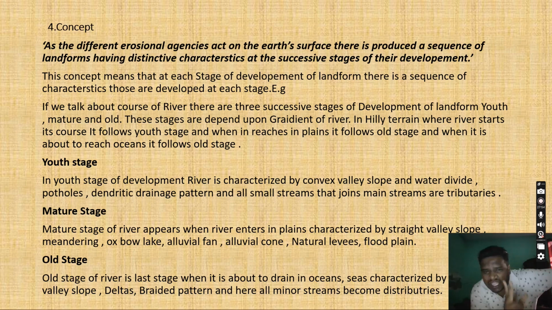Whatever erosional agencies are acting on the Earth's surface, they produce a sequence of landforms, and at the successive stages of development, there are some distinctive characteristics, where a particular stage reflects some sequence.